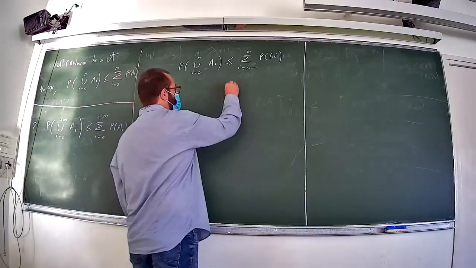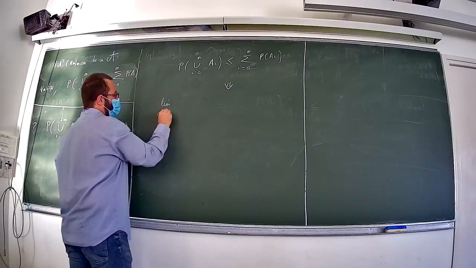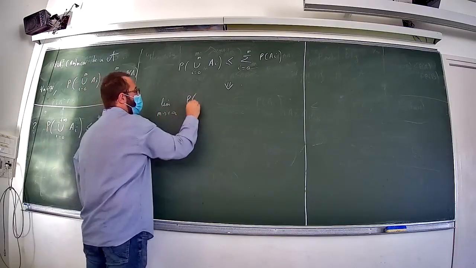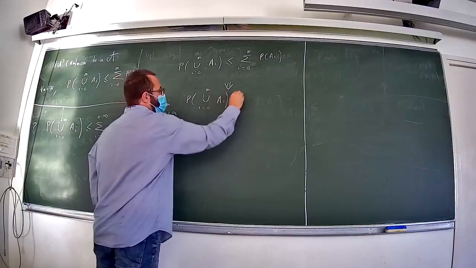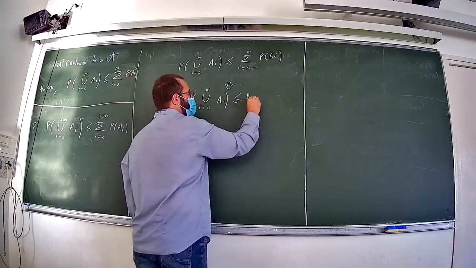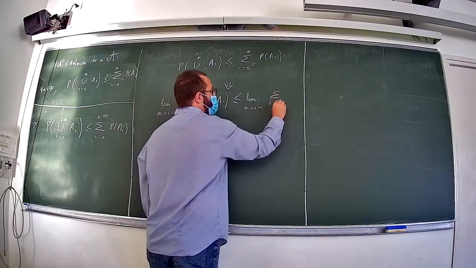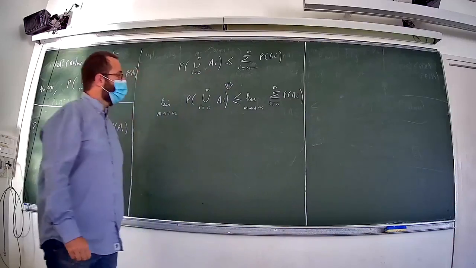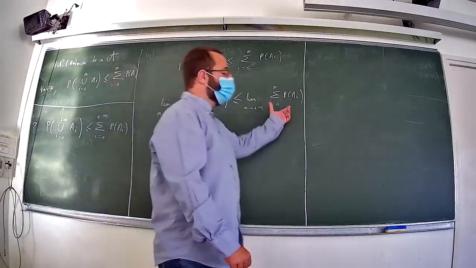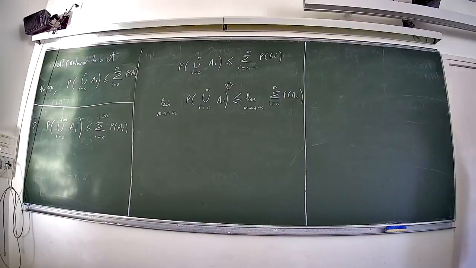So I have the right to pass to the limit here. And in fact, here the limits are well defined because it's just the limit of sums of positive terms. So I have something that is increasing.